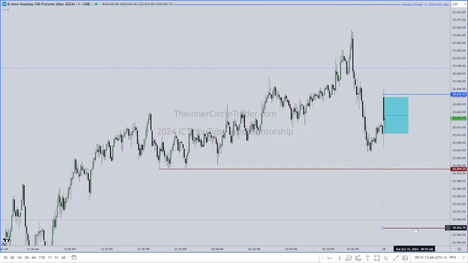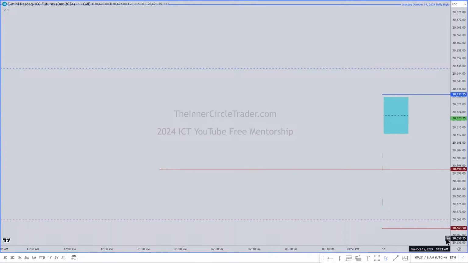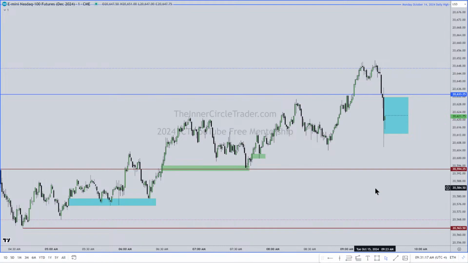Just want to annotate the opening range gap. All right, so that is the range, if you will.